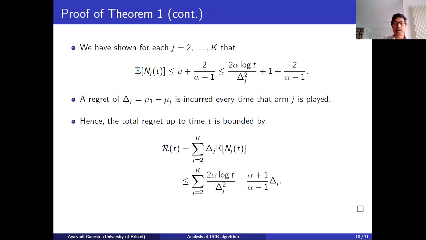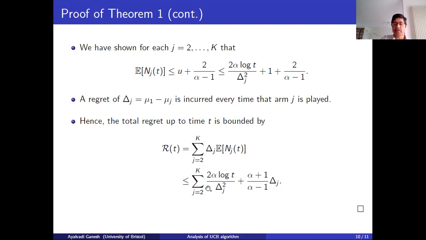And so we introduced the UCB algorithm and we proved an upper bound on the regret, and the main thing to take away is that the upper bound consists of a constant term which depends on how different the arms are from each other.